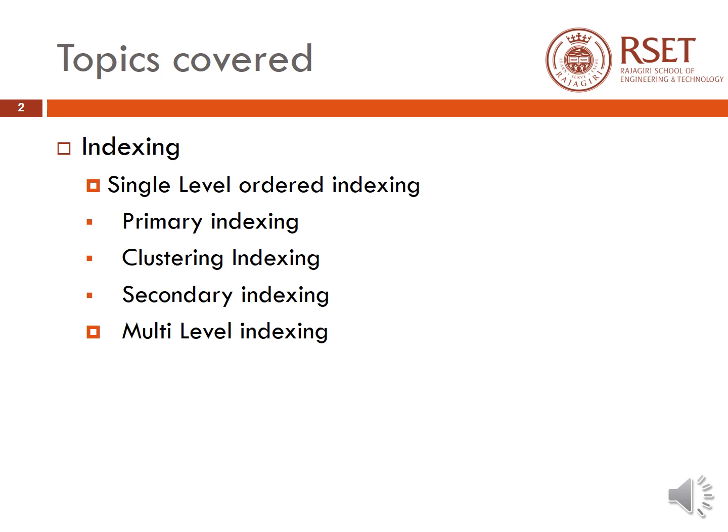Suppose I want to search for a word, for example the word clustering, in a textbook. How can I search it efficiently? I will look into the index given in the last part of that textbook. Normally all the special words will be given in alphabetic order along with their page numbers.